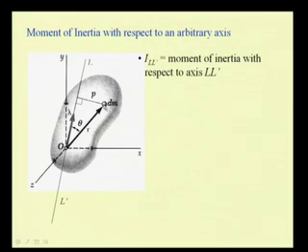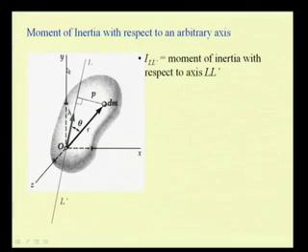Let us take any element dm which is having a distance of r from the origin. So, we have already seen that the second moment of this body with respect to the origin is invariant. That means, we saw the sum of the individual moments of inertia, that is Ixx plus Iyy plus Izz is invariant with respect to rotation.